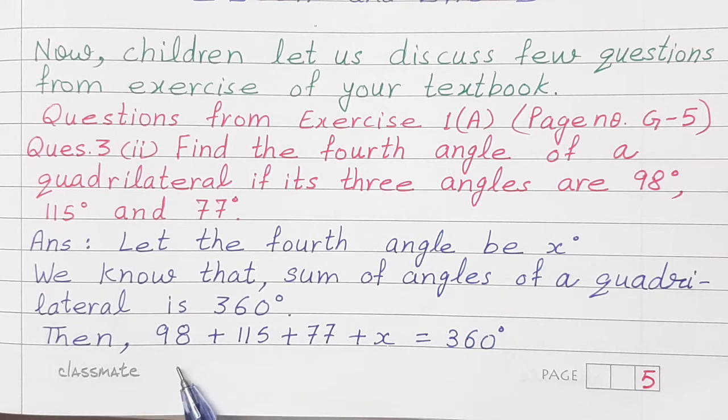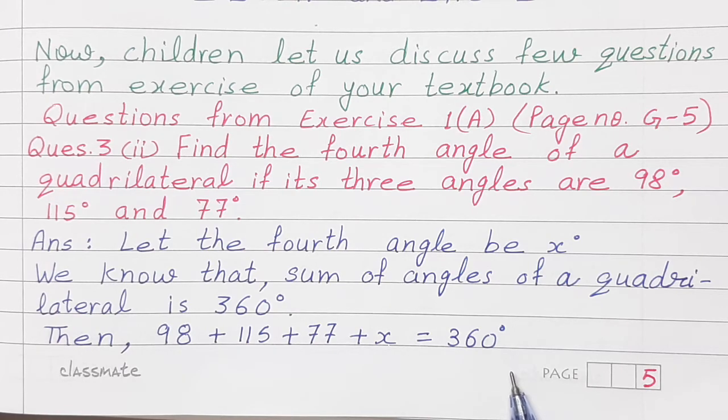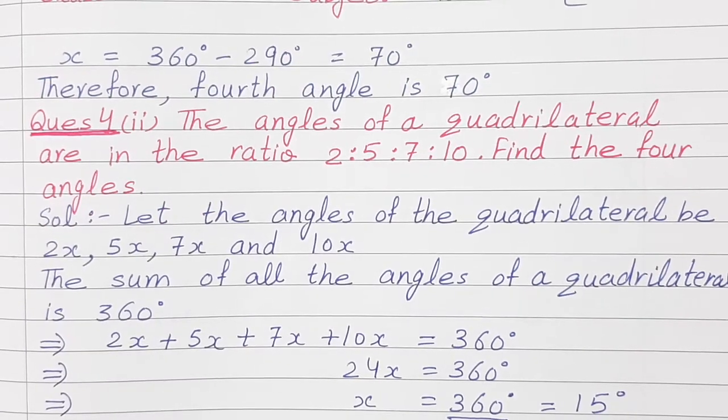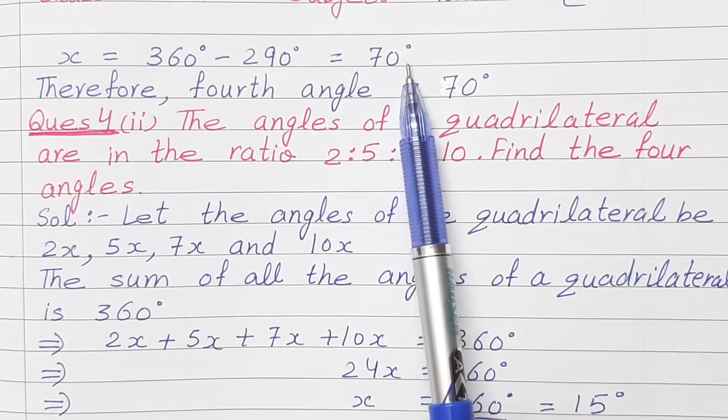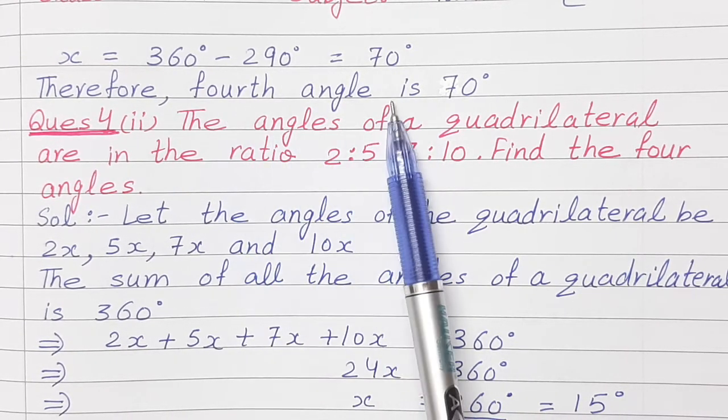Then 98 plus 115 plus 77 plus X is 360 degree. Now let us add all the three angles and then subtract it from 360 degree. Right? So the answer is 70 degree. Therefore, the fourth angle is 70 degree.